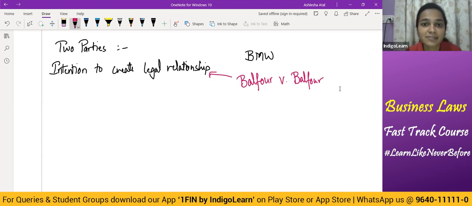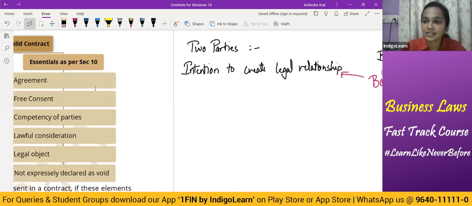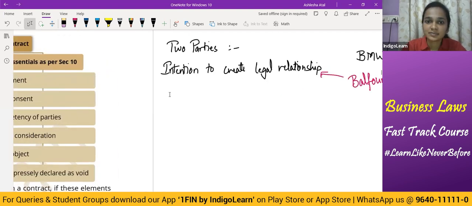What happened in Balfour versus Balfour? I've asked a question and I expect an answer for the question.